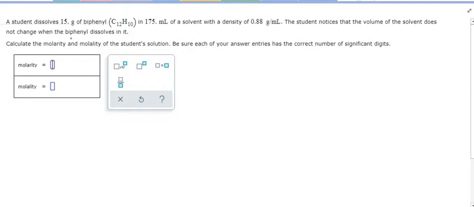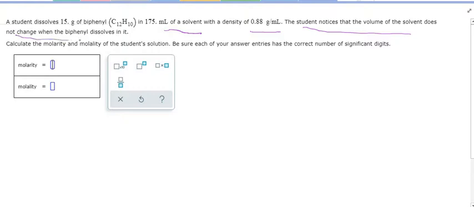So here's the question. The student dissolves 15 grams of biphenyl in 170 milliliters of a solvent with a density of 0.88 grams per milliliter. Even though this doesn't happen in real life, the student notices that the volume of the solvent does not change.